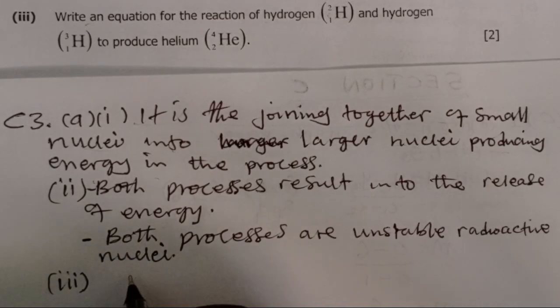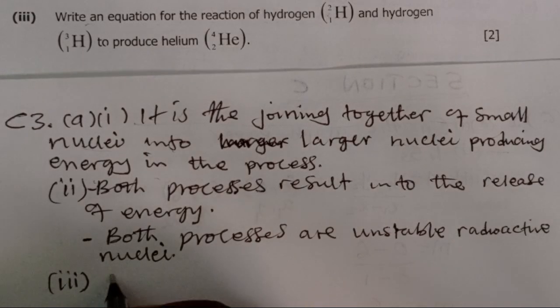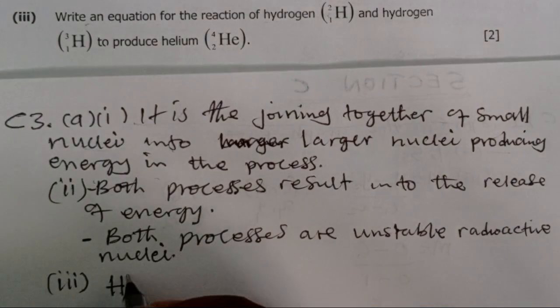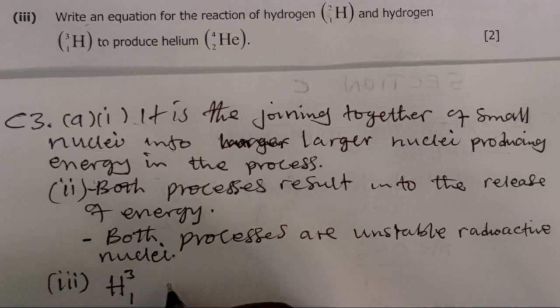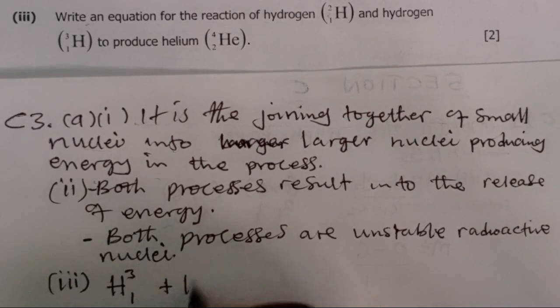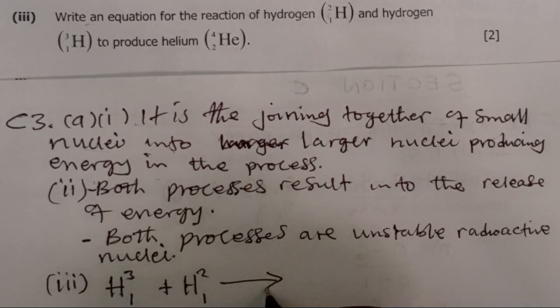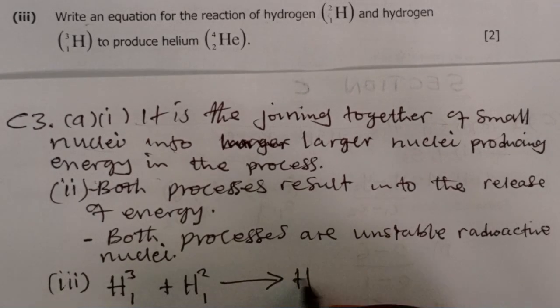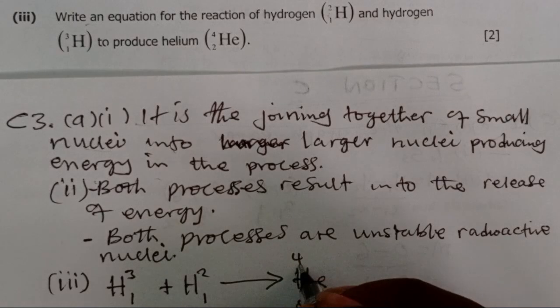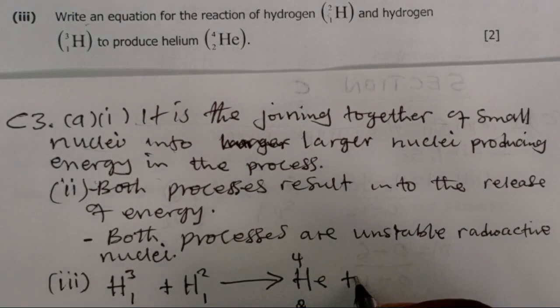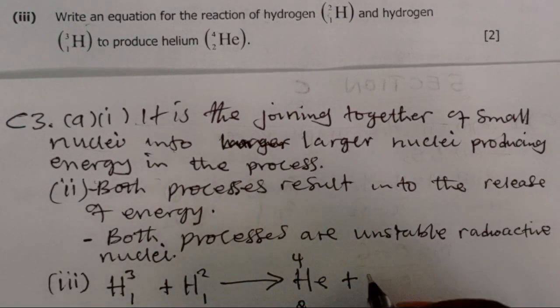In this case, we've got hydrogen 3 plus hydrogen 2. What we are going to have is helium plus a neutron.